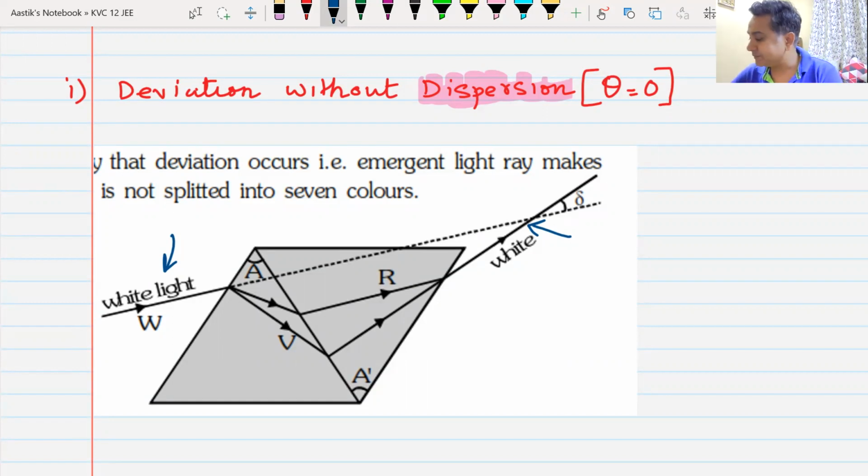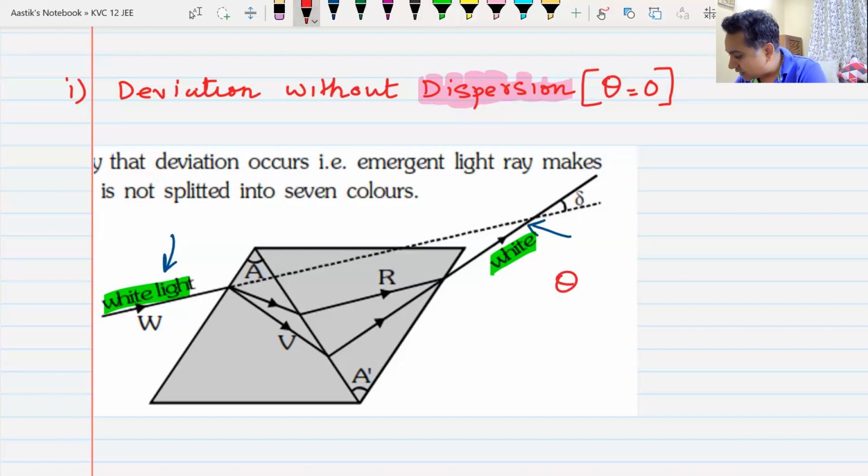Yes or no? Yes, sir. White light comes out as white. That means dispersion is 0. How has this dispersion become 0? First of all, it gets deviated by one prism. The other prism is put in the inverted way, and it creates the opposite dispersion. So the net dispersion theta becomes 0. Do we understand this? Yes, sir.